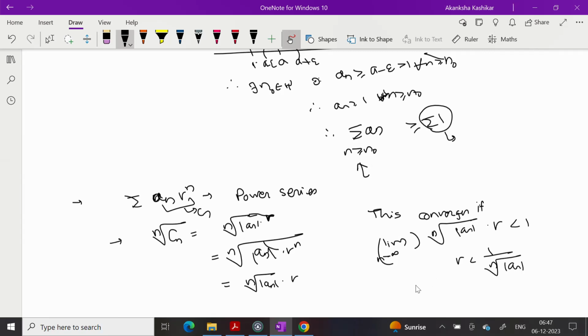This r is also known as the radius of convergence for the power series, of course in the limit. Thus the root test gives us a nice tool to examine convergence of any series of this type, summation a_n into r raised to n. Okay, so let me stop here. Thank you.